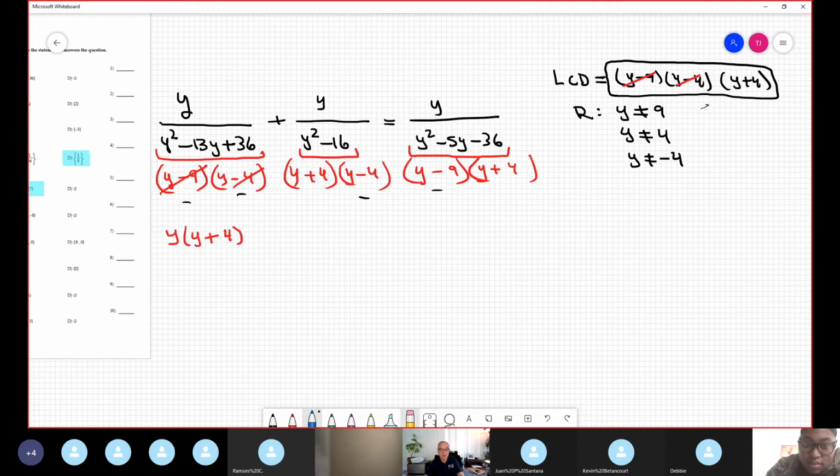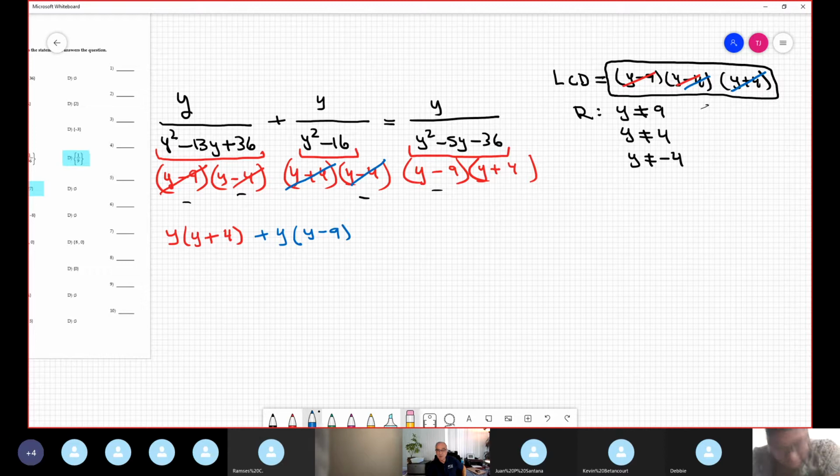Now using blue color for the second: when you multiply the LCD times the second, obviously y plus 4 is cancelled, and y minus 4 is also cancelled. And what stays alive is the y in the numerator times y minus 9. I did okay.